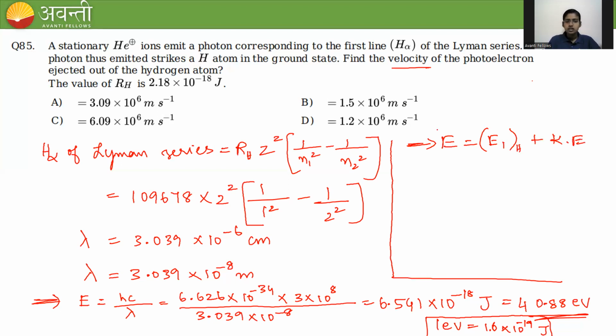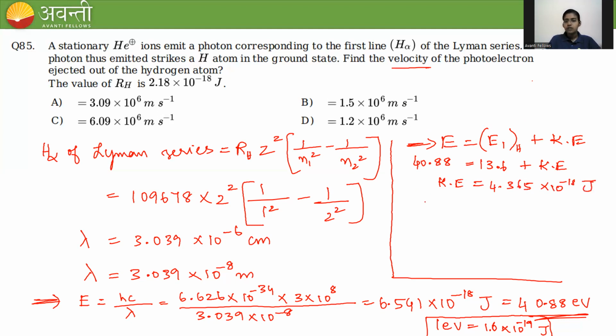So energy for the system is 40.88 electron volt, and the energy of hydrogen for the first orbit is 13.6 plus kinetic energy. So if we solve this, the kinetic energy will come out to be 4.365 into 10 to the power minus 18 joule.